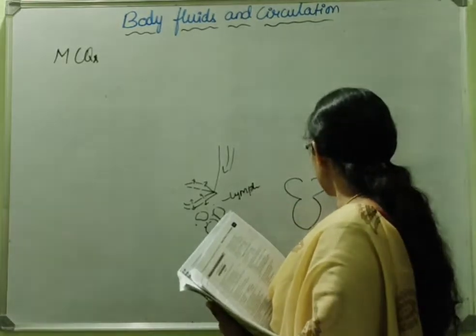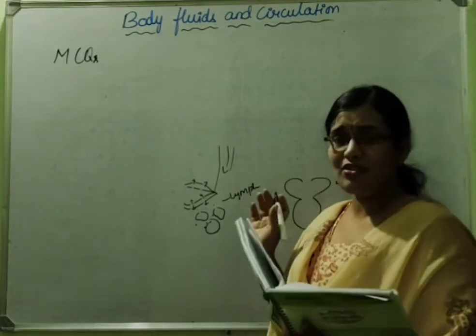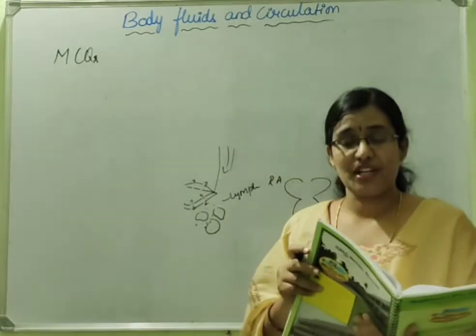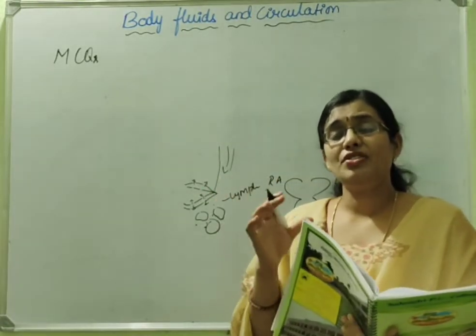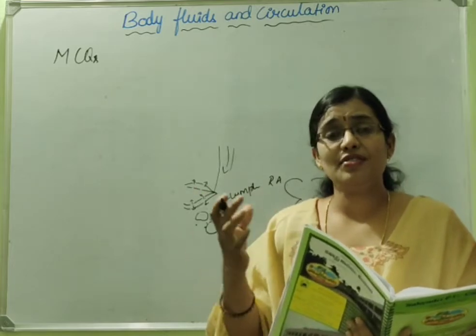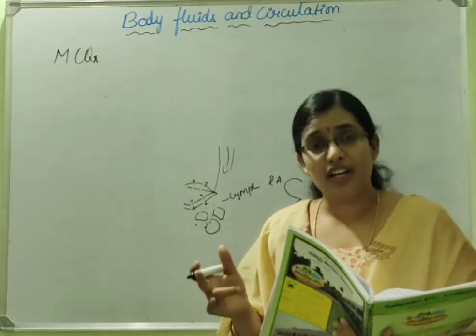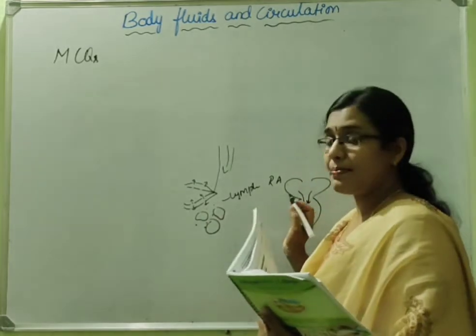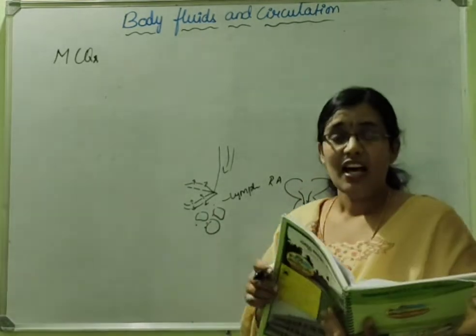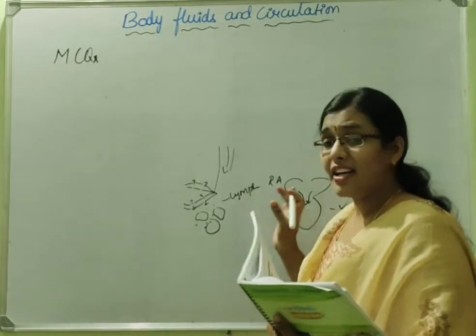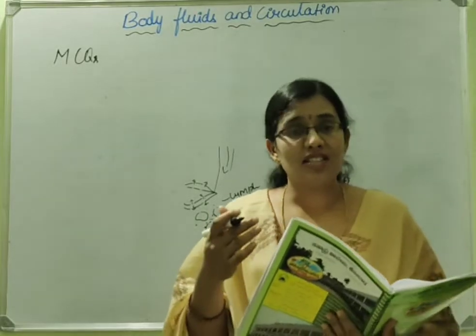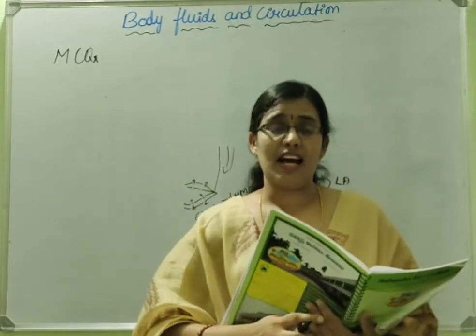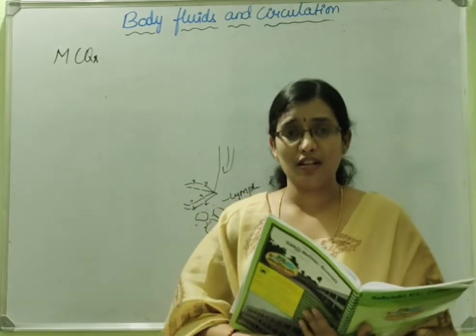On this side, the left auricle receives oxygenated blood and the right auricle receives deoxygenated blood. Even though oxygenated and deoxygenated blood are received separately by two different auricles, both bloods get mixed up in the common ventricle, and thus such a heart pumps the mixed blood, and it is called incomplete double circulation.